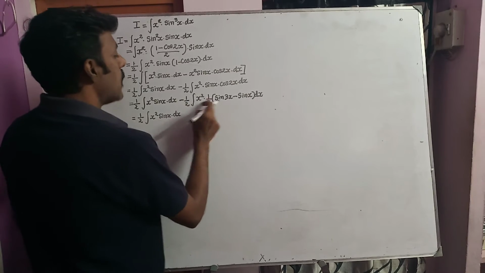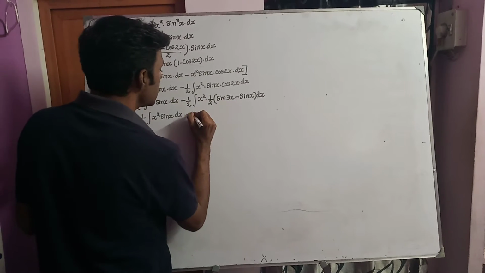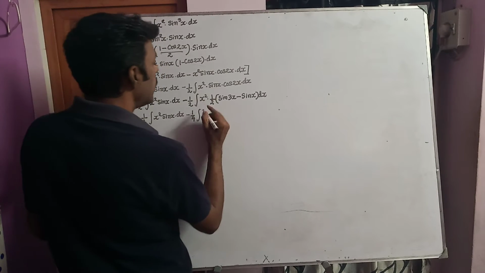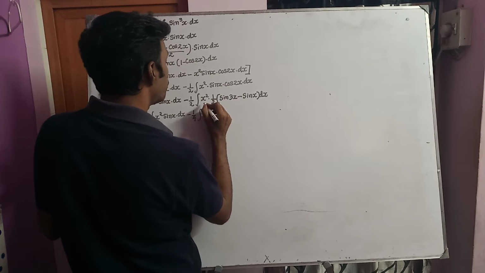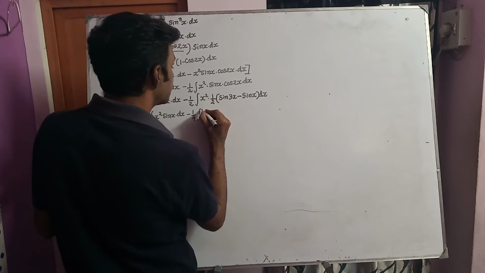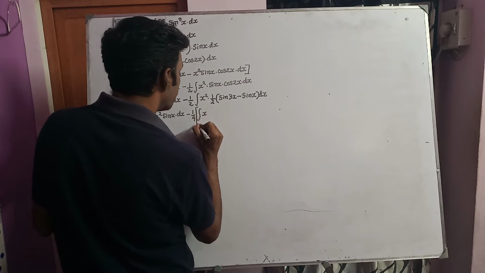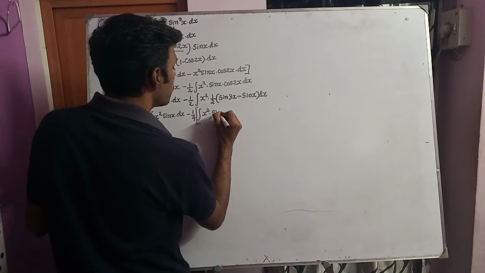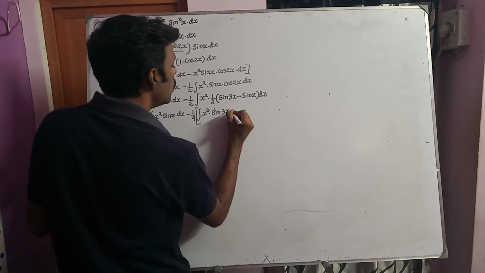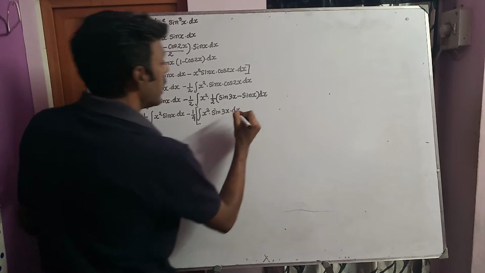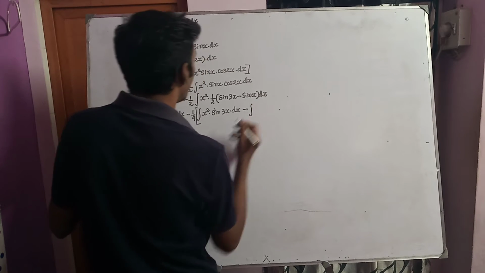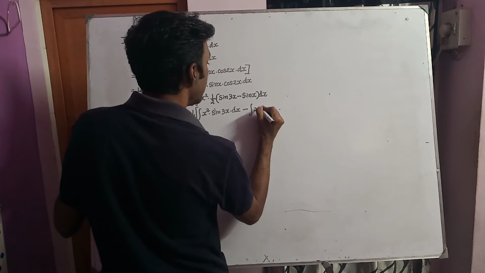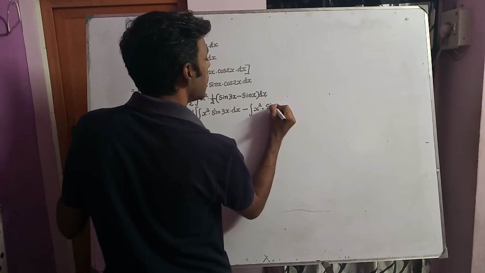This half into half will come outside, so minus 1 divided by 4 into integral of x squared into sine 3x into dx minus integral of x squared into sine x into dx.